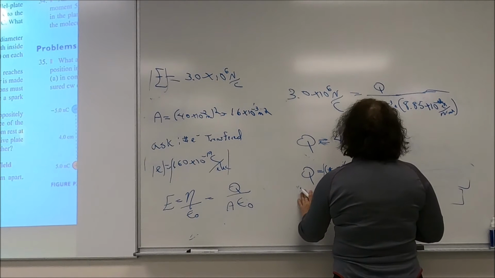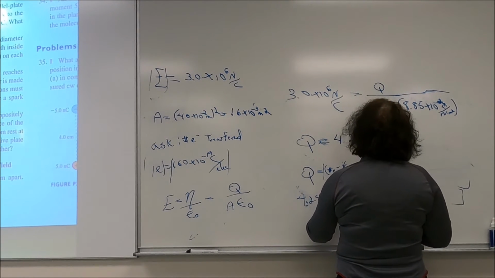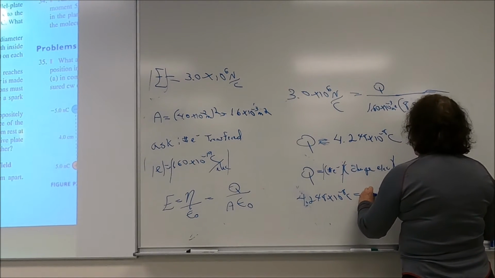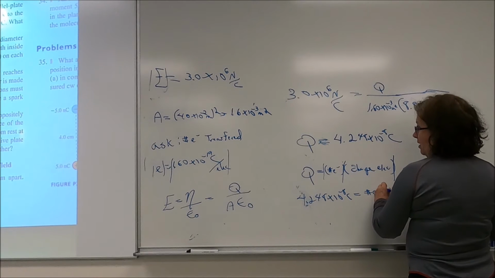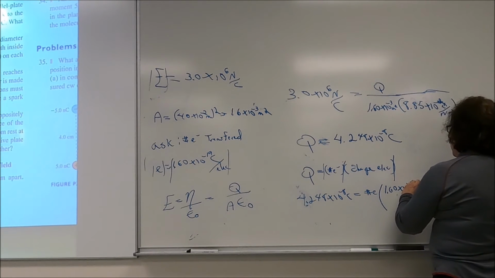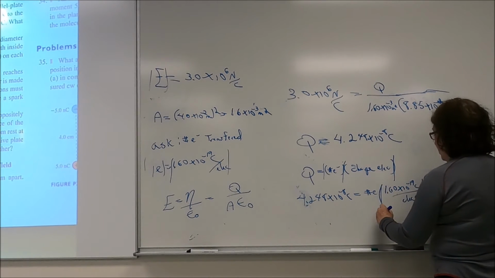So Q, which is 4.248 times 10 to the minus 8 coulombs, is going to equal our number of electrons times 1.60 times 10 to the minus 19 coulombs per electron, magnitude.